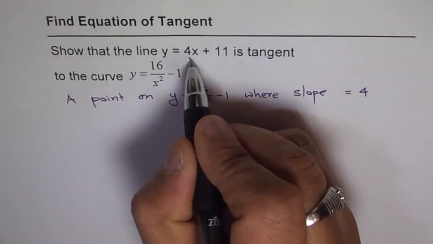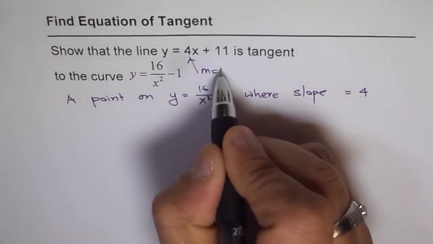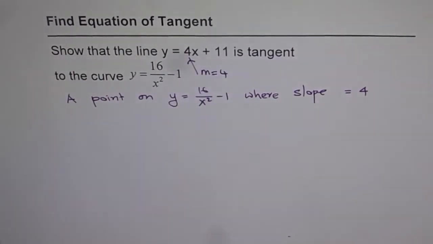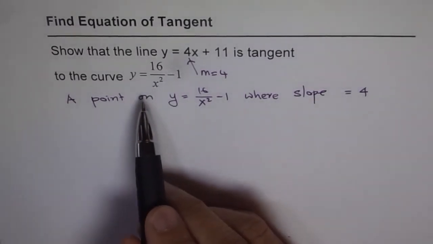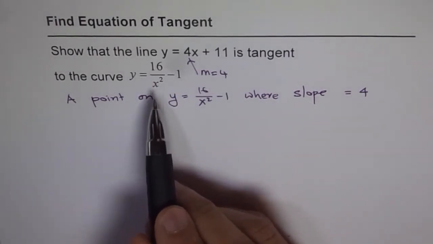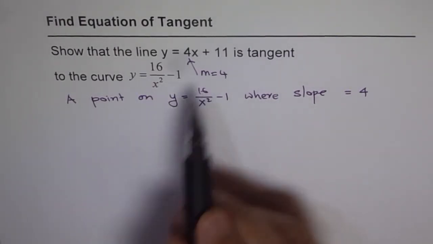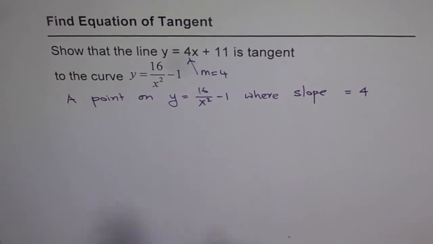Slope of the line is 4. Do you see that? The equation of the line is given in slope intercept form, and from there we know that the slope of the tangent line is 4. And if this is tangent to our curve, then there should be a point on the curve where we have a slope of 4. So that's the strategy.